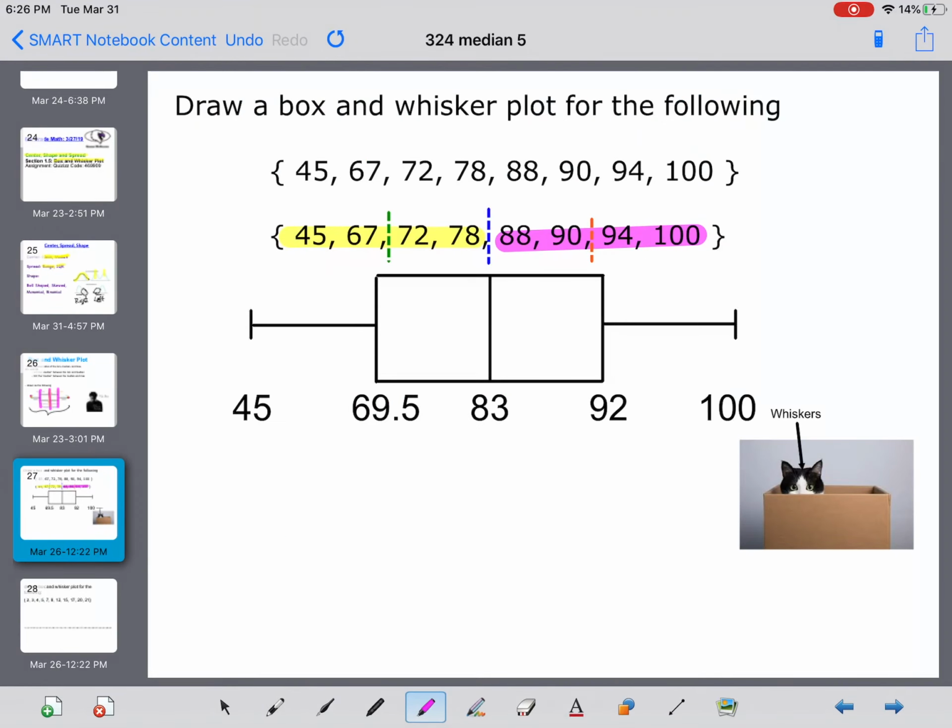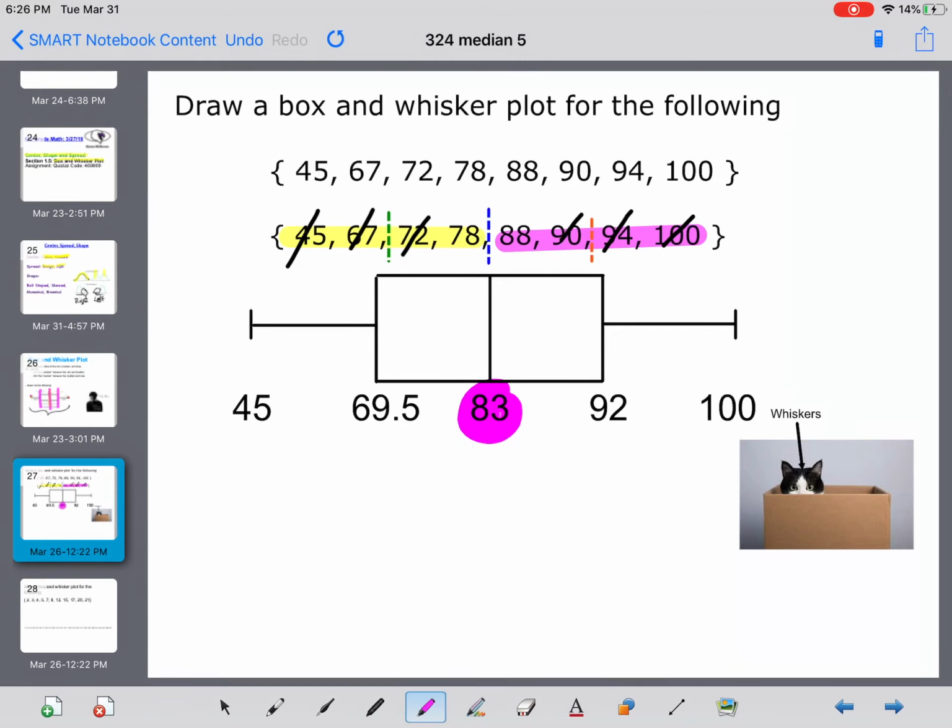So, for example, we look at this. We're looking at the data set 45, 67, 72, 78, 88, 90, 94, and 100. Well, we can find the median by canceling to the middle. Well, now we're going to have the number between 78 and 88. Well, that's going to be 83.